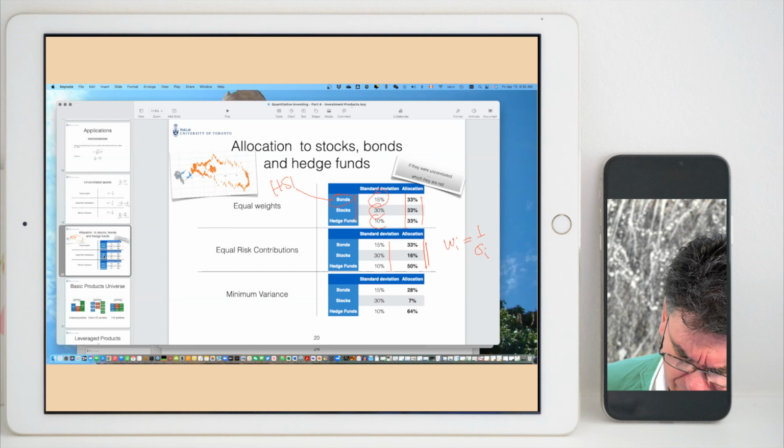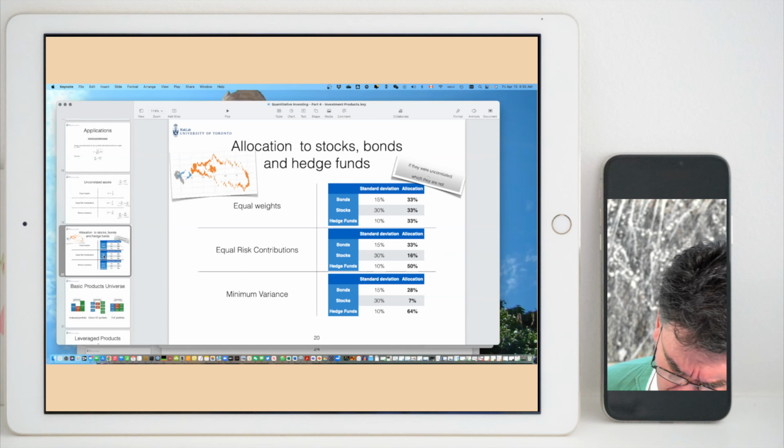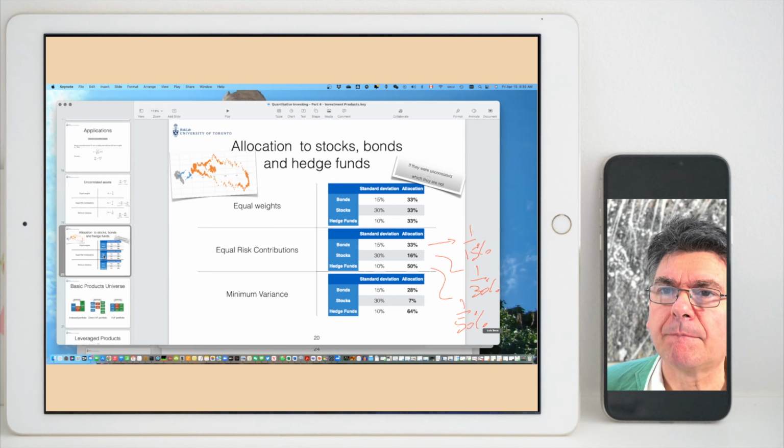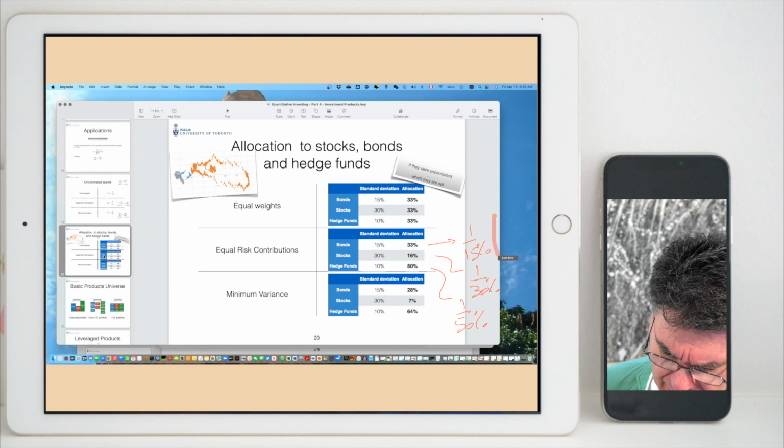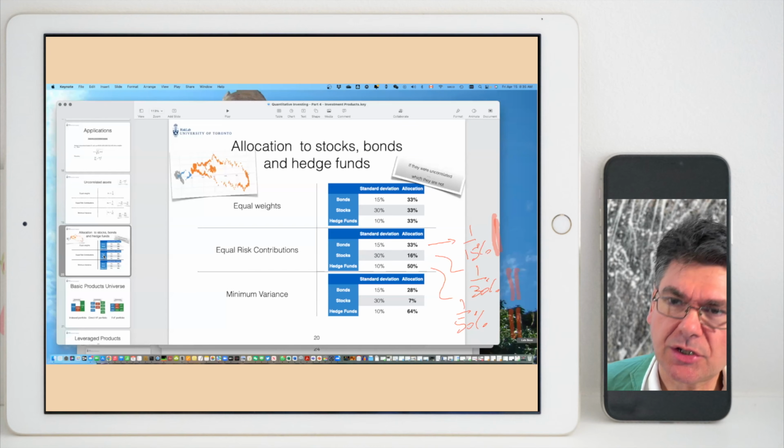So this would be 1 over 15%, 1 over 30%, and 1 over 10%. Multiplied by the $1 million that you have, and divided by the sum of all of this. So this has to be normalized so that you end up with something which adds to 100%. These are the allocations normalized so that they add to 100%.